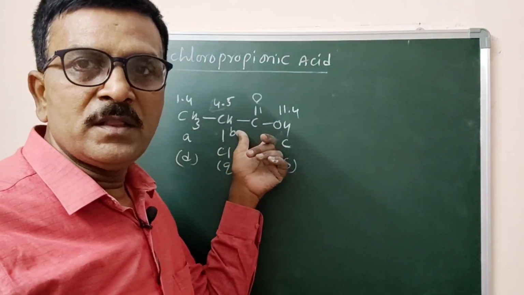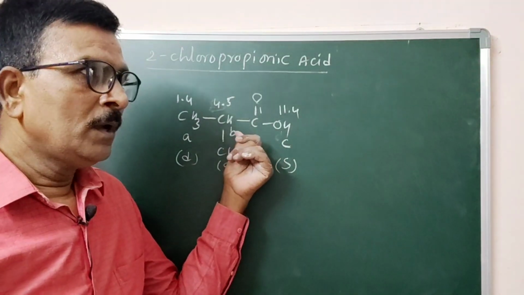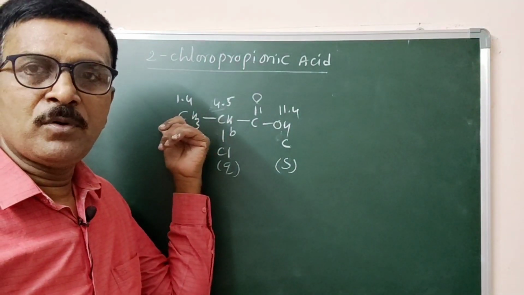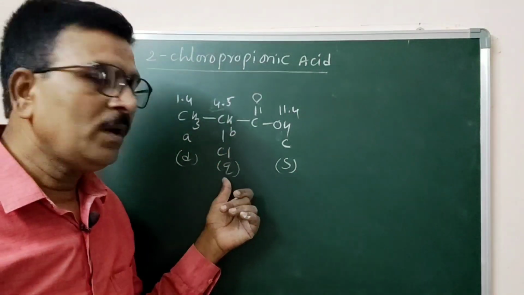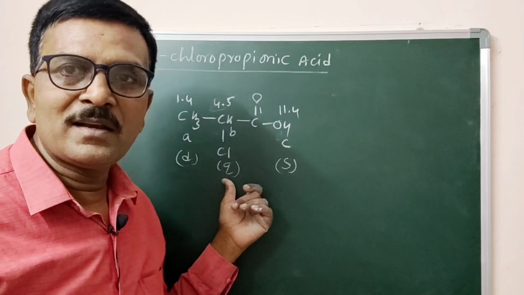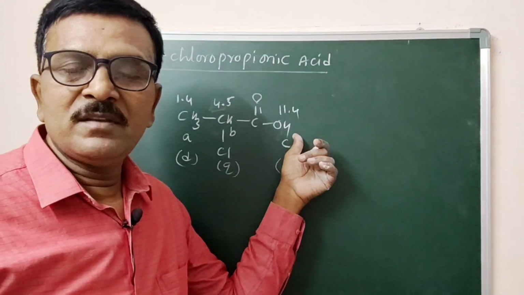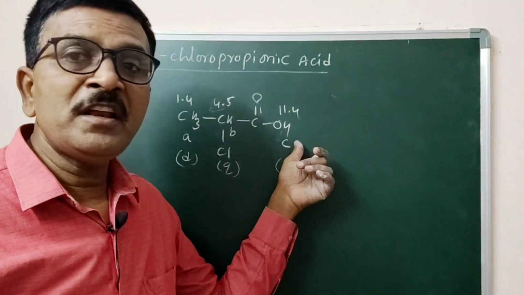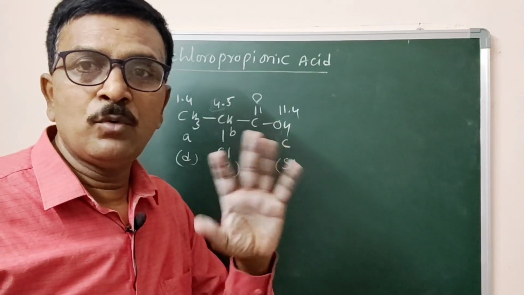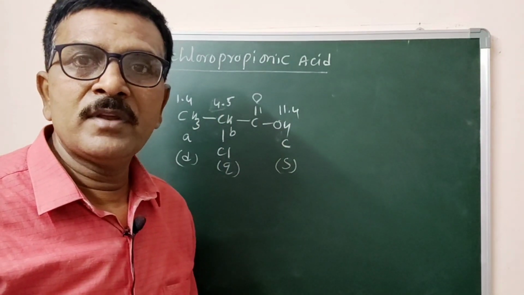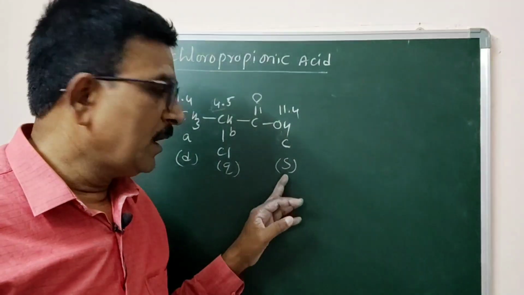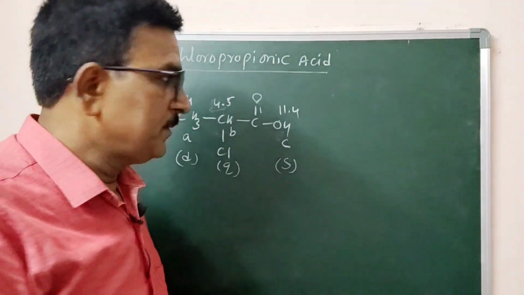The CH proton, the B group, is coupled with its adjacent 3 protons, that is CH3. Therefore, according to the n plus 1 rule, its signal multiplicity is a quartet. Coming to the carboxylic acid proton, it has no adjacent protons, so it is not involved in spin-spin coupling, and hence it appears as a singlet.